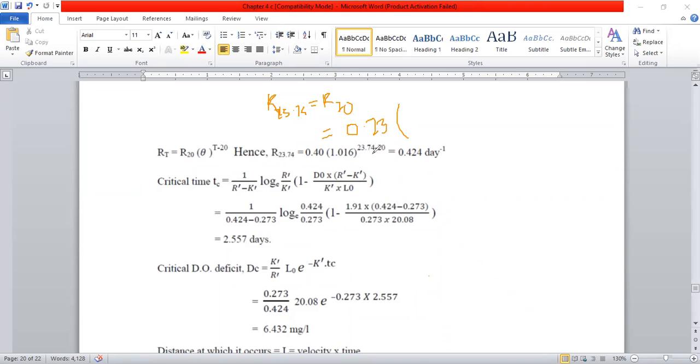Theta at 20 to 40 degrees Celsius, it is in the range of 20 to 40 degrees Celsius. What is the value I told you? While calculating K, you can take the value of theta as 1.056. Am I right? Or you may have written it in your notebook. Raised to 23.74 minus 20. Calculate it and tell me the value of K.